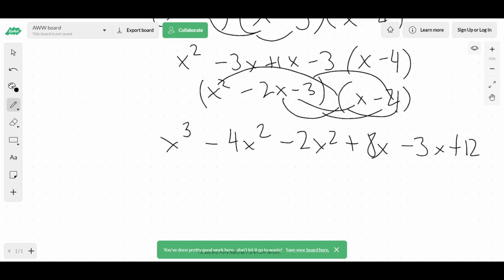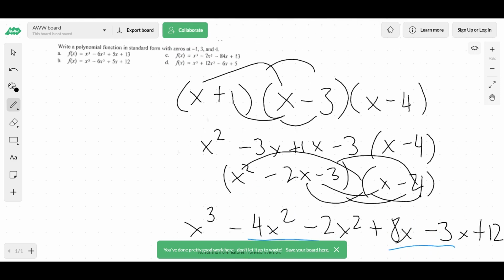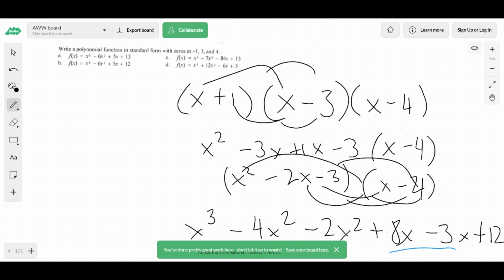Now we're going to combine like terms, so these are alike, and these are alike, which is going to finally leave me with x cubed minus 6x squared plus 5x plus 12, which, if you go through, should be B. Let's try the next one.